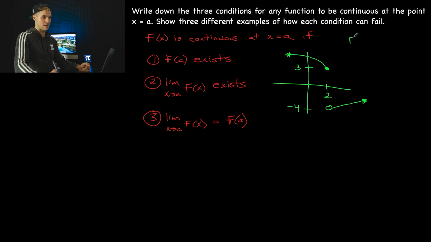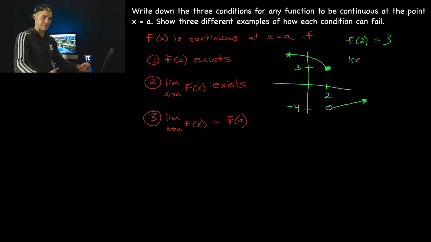So notice that f of 2 does exist, right? f of 2 is equal to 3. Notice that there's a solid dot here. However, notice that condition 2 fails because we're approaching different y values from both sides of that x value of 2. So the one-sided limits exist.